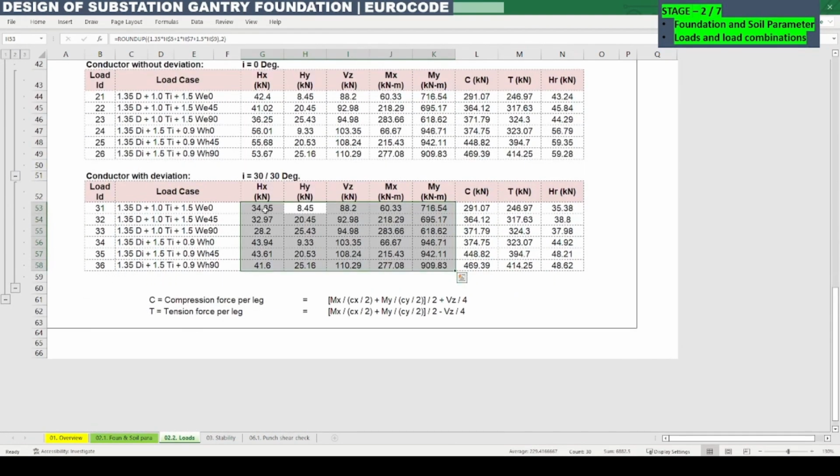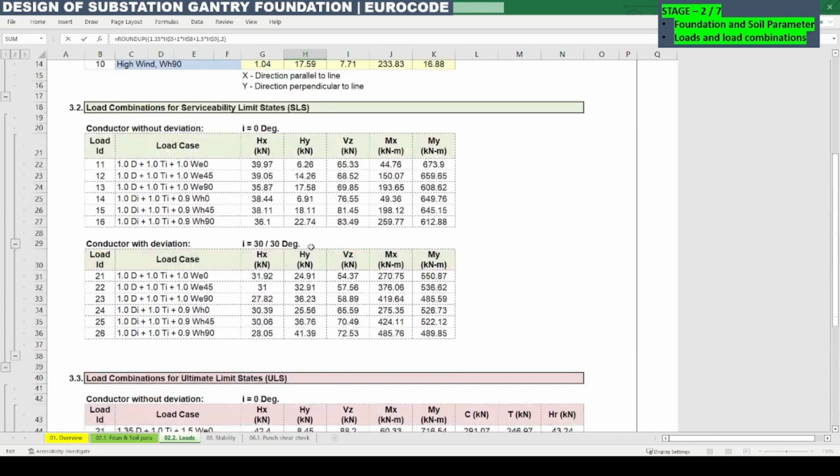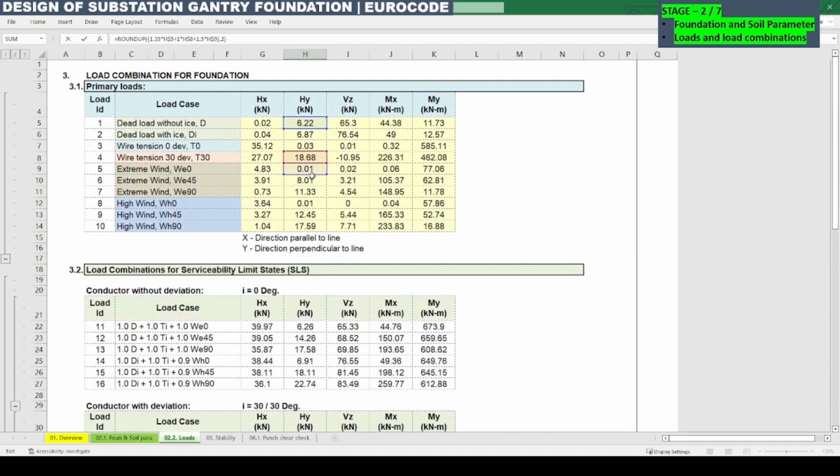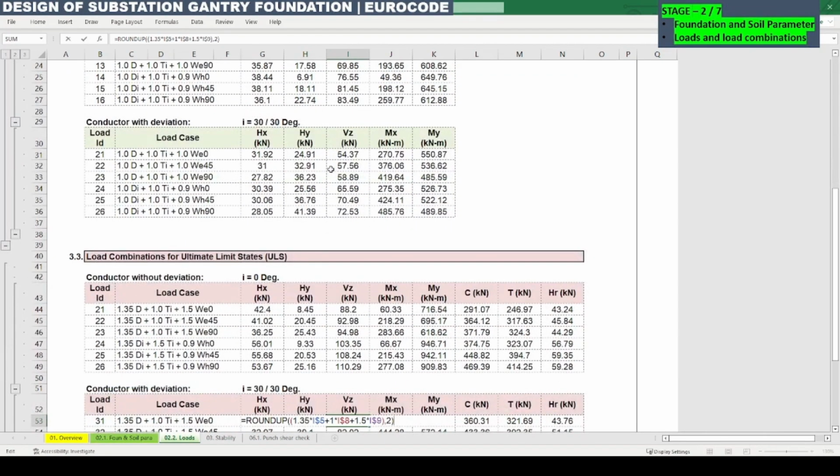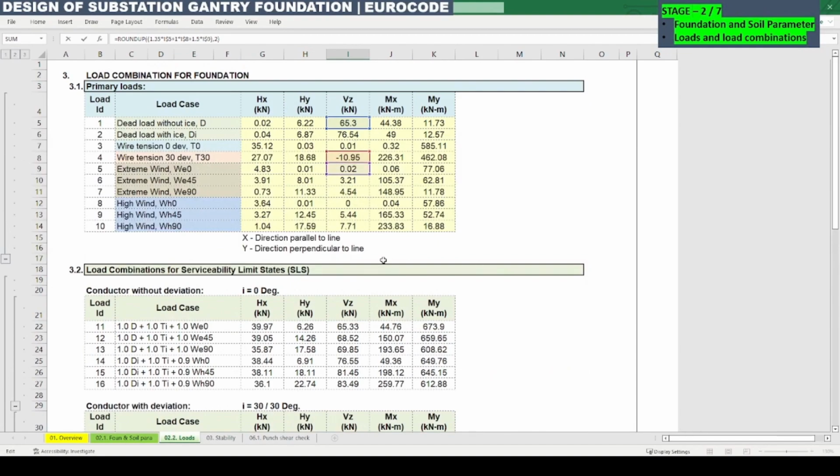So now all the 6 cases we have corrected the formula, and HY, VZ, MX we can just copy paste the formula, because this will lead the same kind of formula which is moving to the next cell, which will pick the next cell. Likewise VZ, yes, like this.